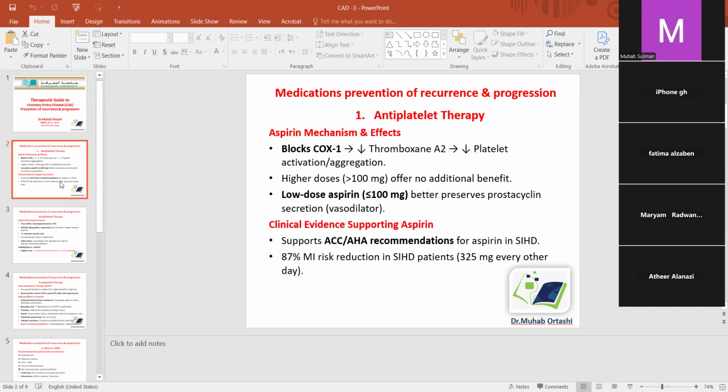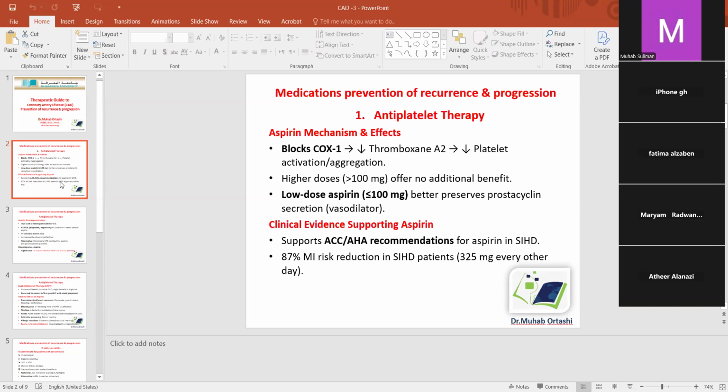Okay, we discuss aspirin on the first slide again. As we said, aspirin is very important for a patient with coronary artery disease, whether they have stable angina or acute coronary syndrome, which is more progressive. We use aspirin. We said the mechanism of action of aspirin is known: it decreases thromboxane A2, which is very important for aggregation and function of the platelet.